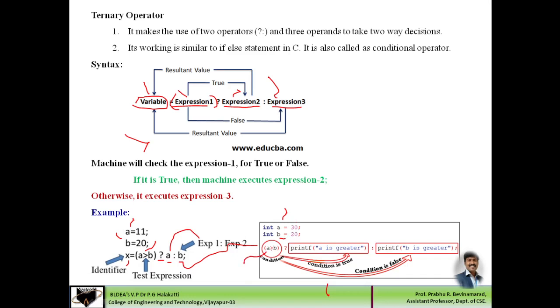If this expression is true, then this is going to print on the screen. If it is false, then this particular expression will be displayed on the screen. So what is the value of A? 30. 30 is greater than 20. Yes, the condition is true. Therefore, this particular expression will be displayed on the screen. So this is called the ternary operator.